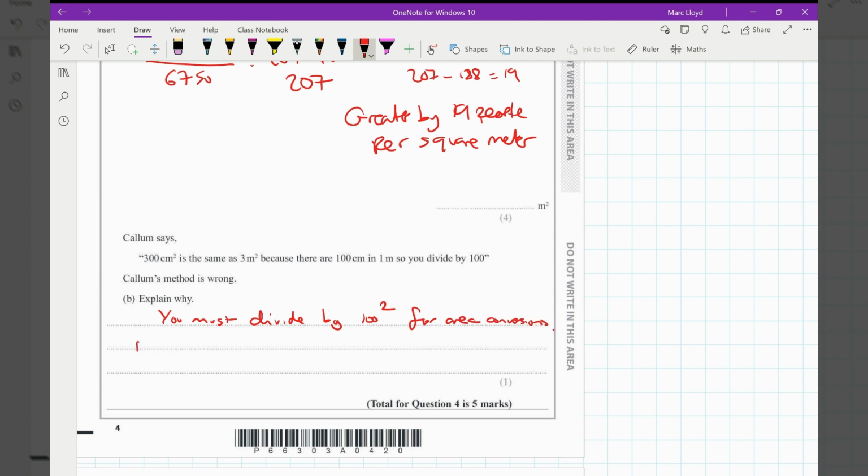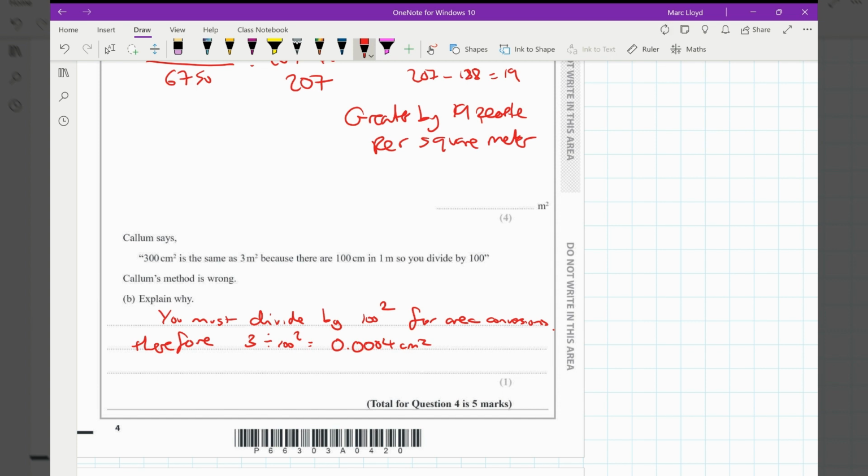And therefore, 3 divided by 100 squared equals, oh my God, 0.0004 centimetres squared.